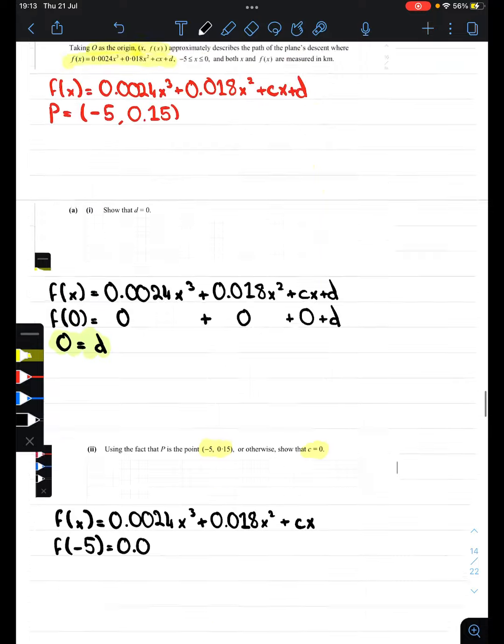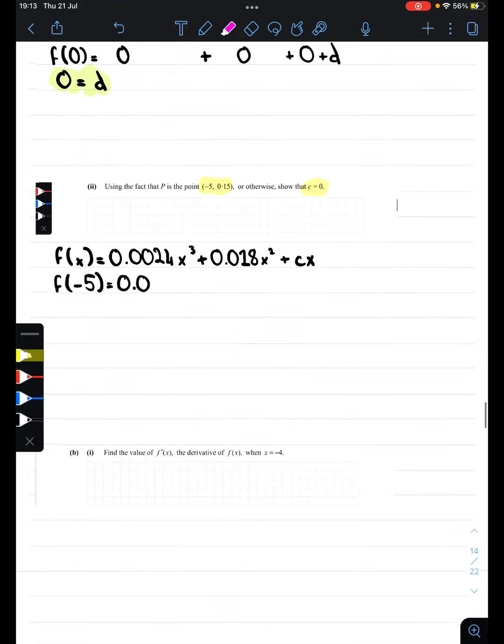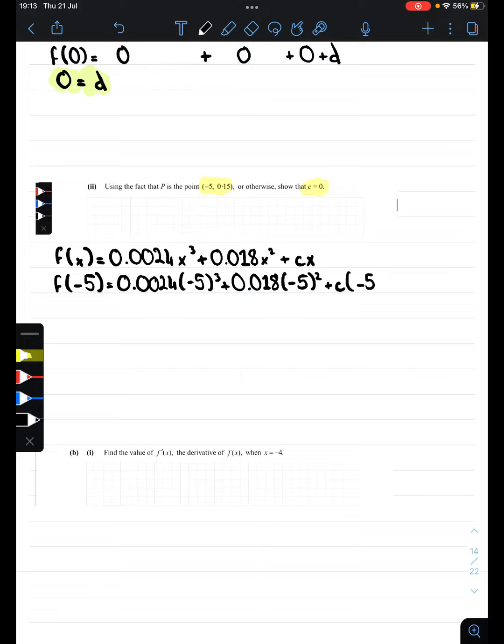Remember the graph is x, f of x. So if we put in minus 5, 0.0024 by minus 5 cubed plus 0.018 by minus 5 squared plus c by minus 5, this should equal 0.15.